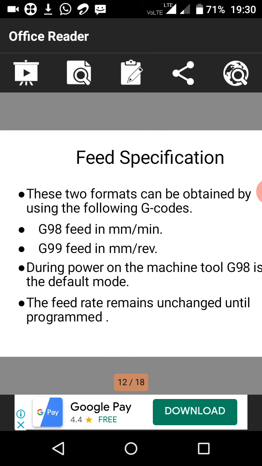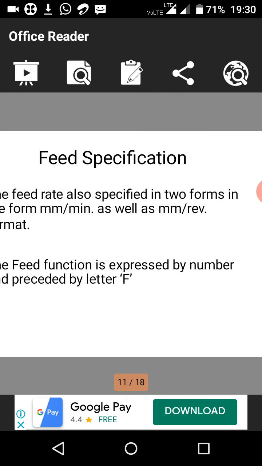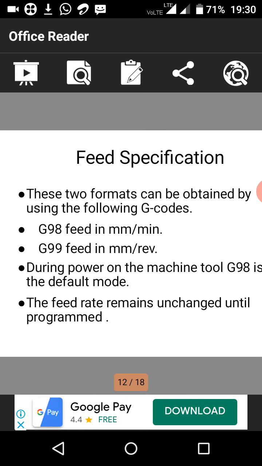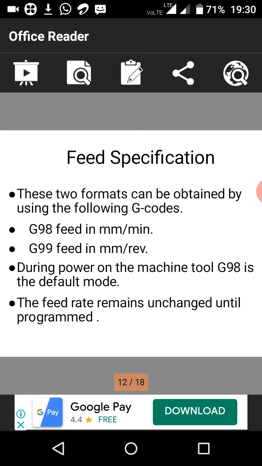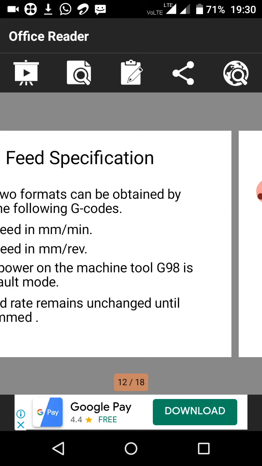During power on of the machine tool, G98 is the default mode. So when the machine is running, it takes G98 by default. G98 means mm per minute. The feed rate remains unchanged until the program ends, so it goes on in mm per minute only.